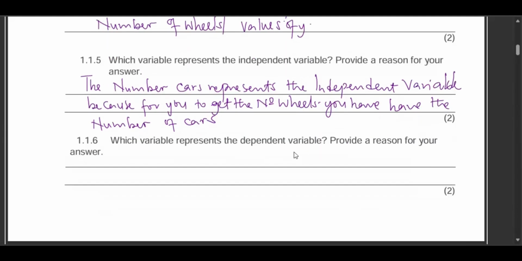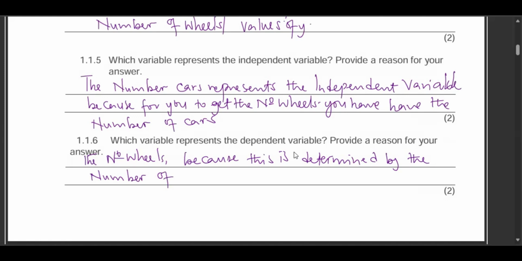Then, which variable represents the dependent variable? The number of wheels, because this is determined by the number of cars. It's determined by the number of cars.